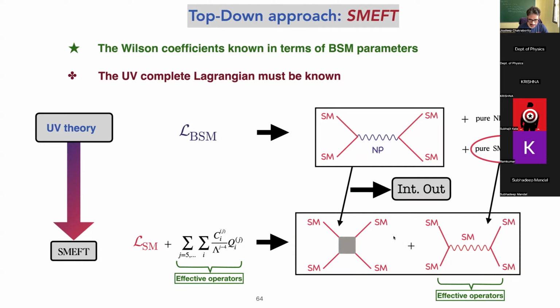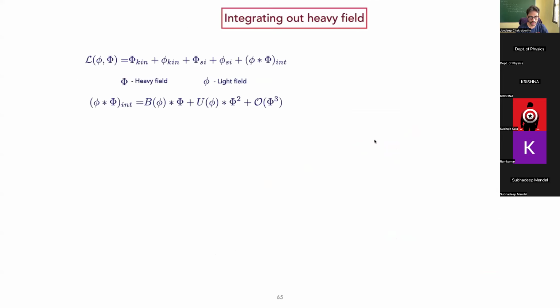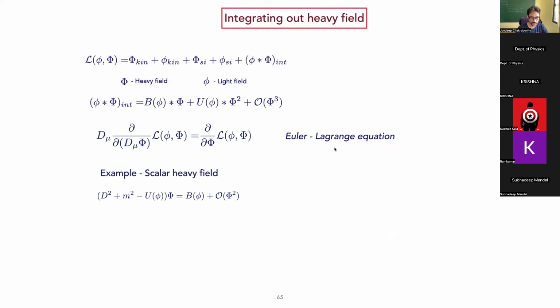But let me recollect again that here the Wilson coefficients are basically functions of your BSM parameters, and the cutoff scale is associated with the mass of the heavy fields that you are integrating out. Then we briefly discussed that if you start with a UV Lagrangian, our primary focus will be only on the part where the heavy field is involved.